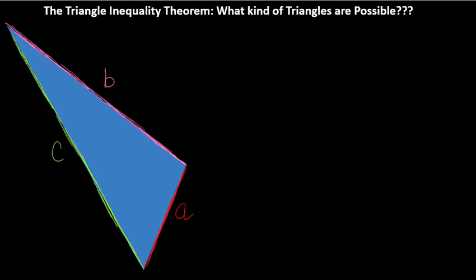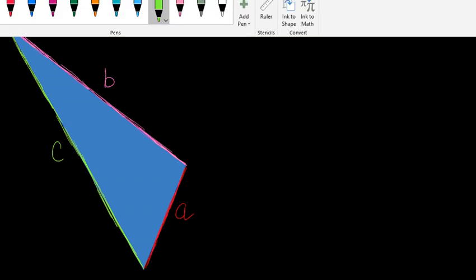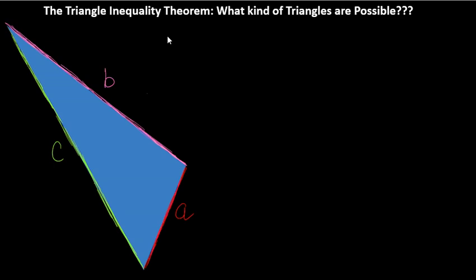So now real quick, let's talk about what kind of triangles are possible. And in order to explore that, we will always come back to the triangle inequality theorem. So in class, I'm going to have you figure out the triangle inequality theorem on your own. But in this video, it's going to be kind of difficult to do that.